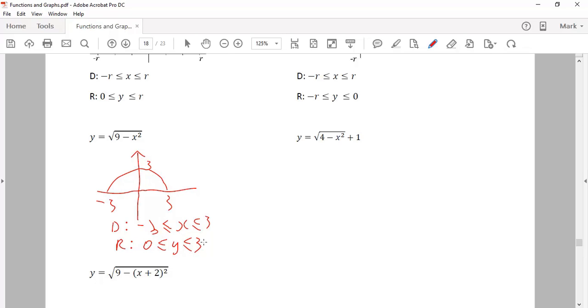Alright, so the next one. So forget about the plus 1. We know it's going to be a semicircle that goes out radius 2. And then, as you know, the plus 1 is going to shift the whole graph up 1. And we know that since it starts at 1, it's going to go up to 3.